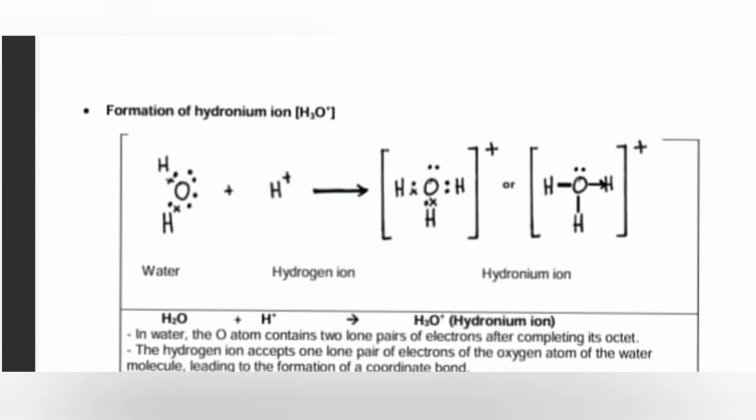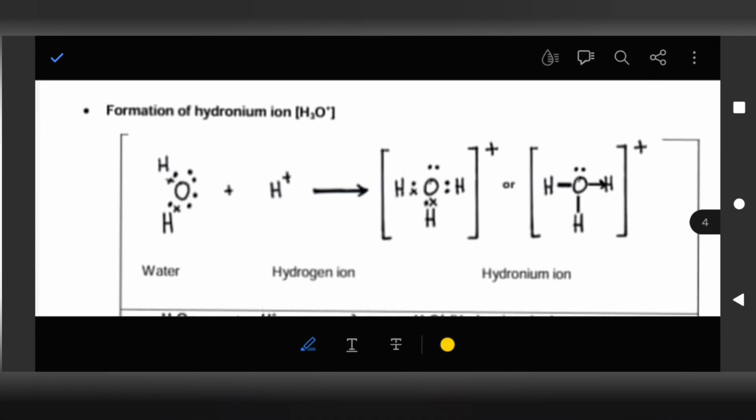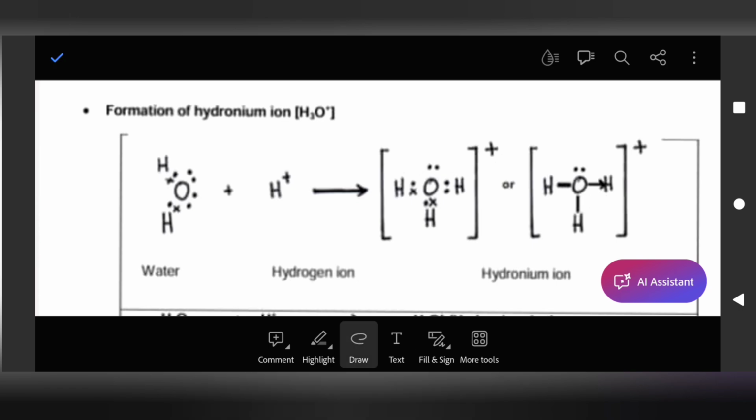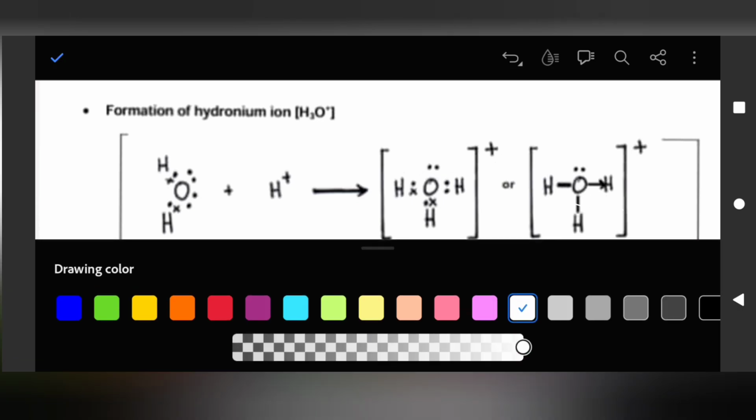As you can see, this is an example of the coordinate bond, and you can see one lone pair being used, indicated by an arrow. Let me just highlight this. So you can see it is black.